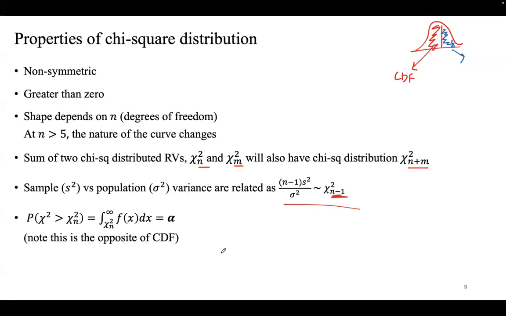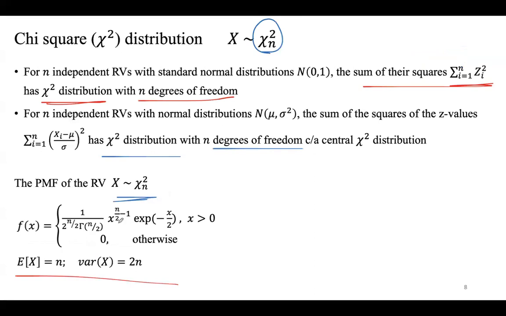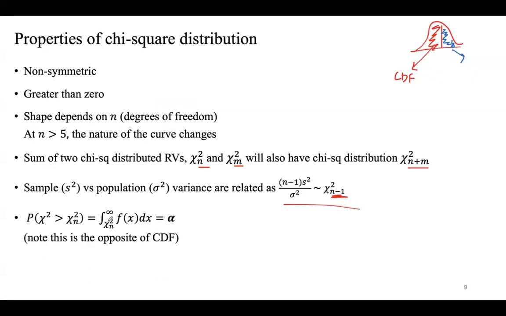Okay. So we'll see all of these a little more in detail in R, but this chi-square distribution is no longer symmetric and it's only there on the right side of the axis. So it's always greater than 0. And the shape depends on n, which we are calling degrees of freedom.